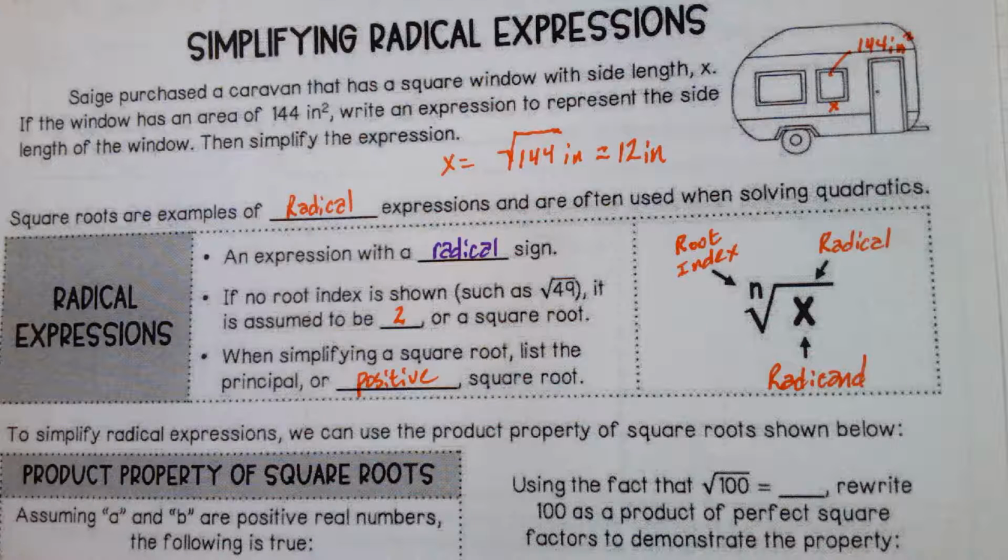When we start solving equations with this, we are going to list both answers, the positive and the negative. This is why when we start using the quadratic formula, there's a plus and a minus, because we're going to have a positive and a negative square root. Okay? All right, but for now, we'll just work with the positive ones.